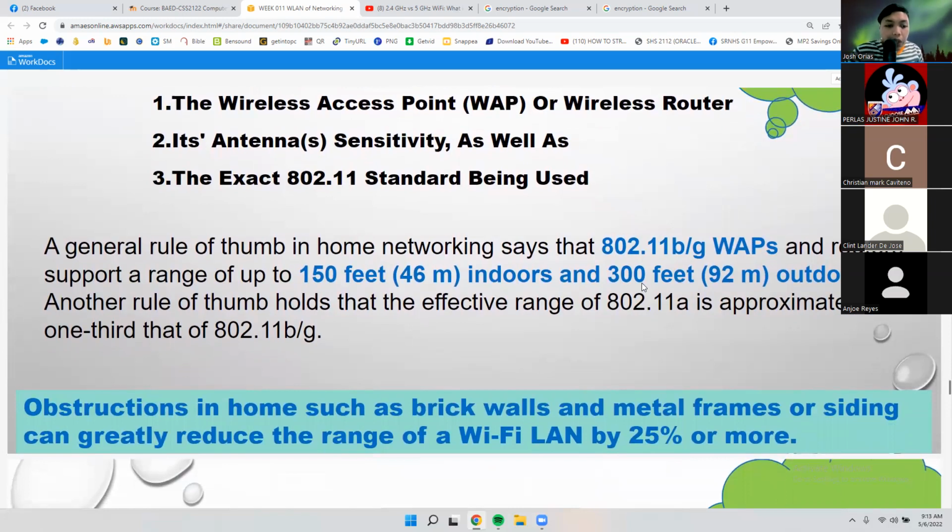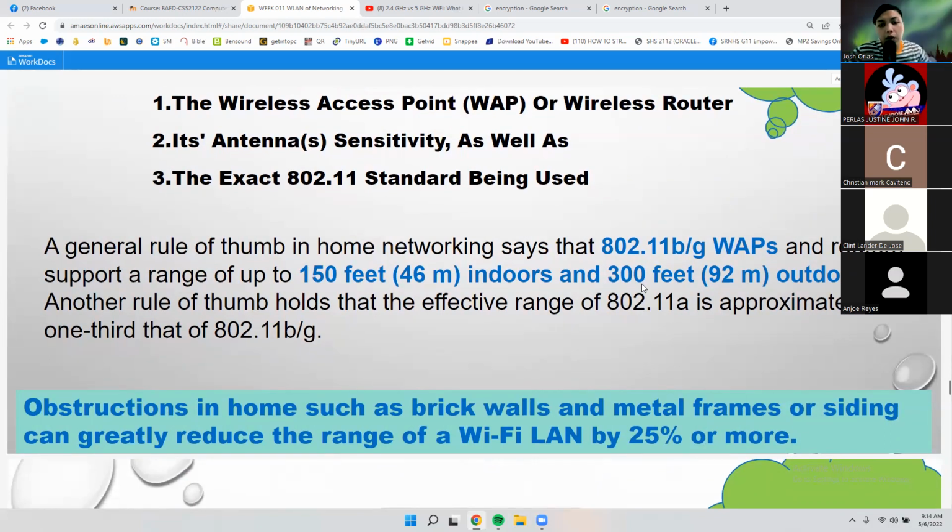Okay? So obstructions in homes such as brick walls and metal frames can reduce the range of Wi-Fi by 25%. Usually, kunyari, nilagay mo sa living room, tapos puro pala walls. So technically, syempre, may ibang parts lang na may signal, kasi nga may nahaharang tayong mga walls. Especially kung glass yon.